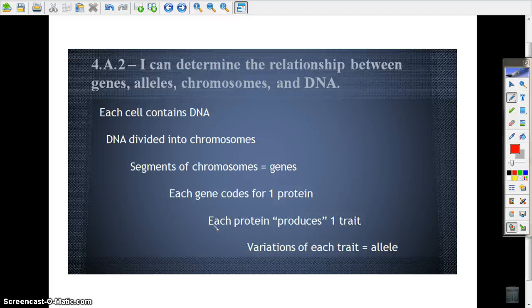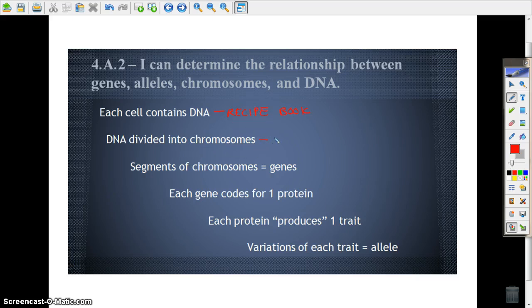So how can we relate DNA with chromosomes and genes and alleles and ultimately proteins? Well, each cell, remember, is going to contain DNA in its nucleus, in its castle, and we said that this DNA was the recipe book. And that recipe book was going to have recipes for lots of different types of proteins. And we called those proteins cookies. But sometimes this recipe book is so big that we need to divide it into several volumes.